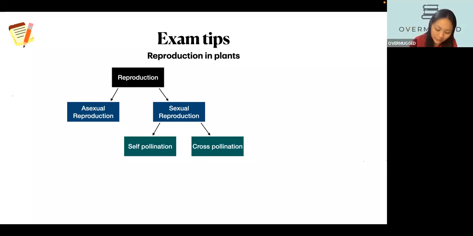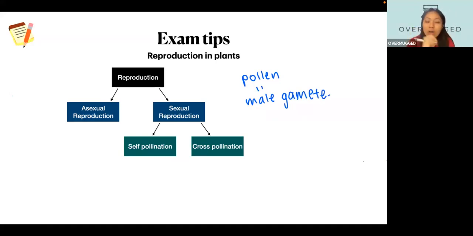Usually when we say pollen, we refer to the male gamete. So as long as there is pollination, which means the transfer of gametes, it's definitely sexual reproduction, because the keyword is fusion of gametes.